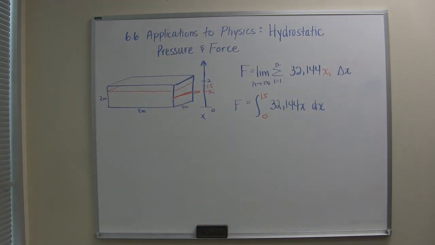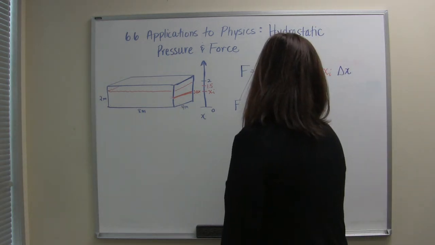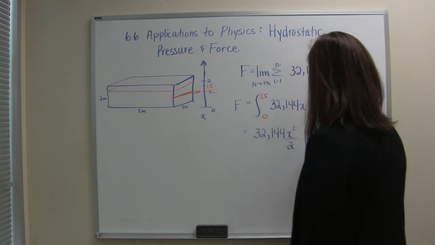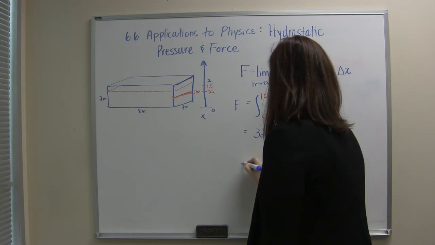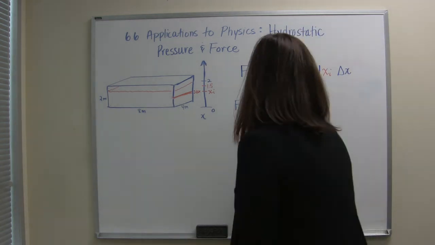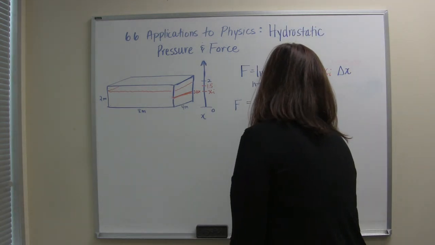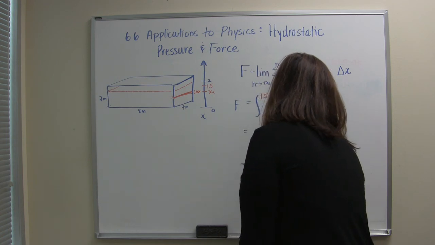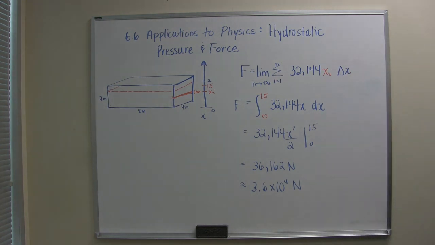All right, again, the setup is the hardest part because now you can see that our integration becomes pretty simple. We'll get 32,144 x squared over 2, evaluated from 0 to 1.5. And if you put all of that together, you should get 36,162 newtons, or approximately 3.6 times 10 to the 4 newtons, depending on whether you're a scientific notation person or not.